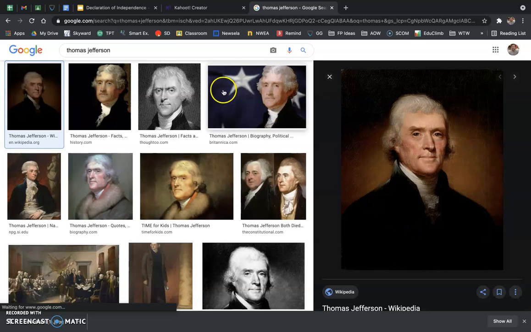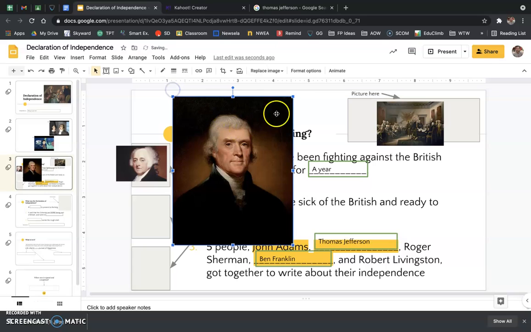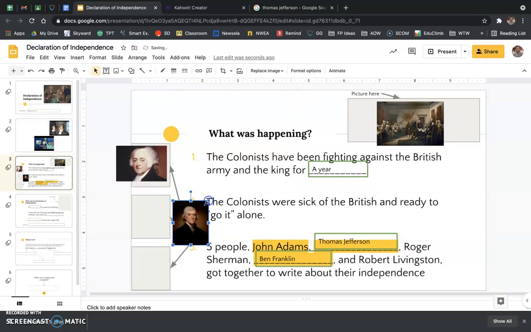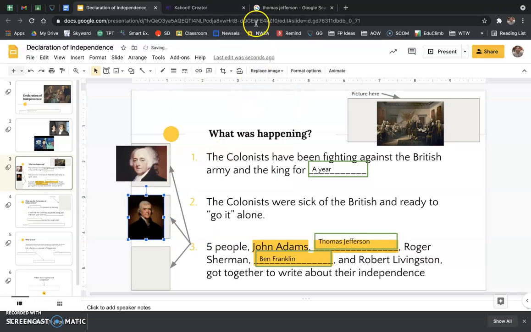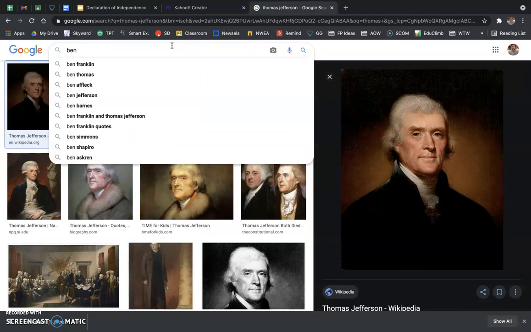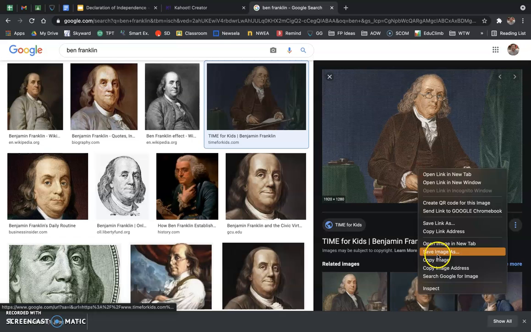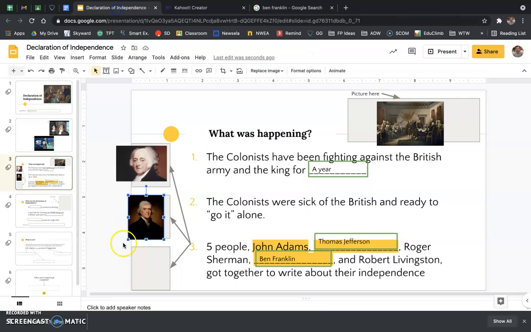That's him. We're not going to talk a ton about Thomas Jefferson. We'll learn more about them later when you're farther in your history career as a student. You're going to learn more about them in middle school, high school. Ben Franklin. We talked about Ben Franklin, what he was, what he did, why he was important.